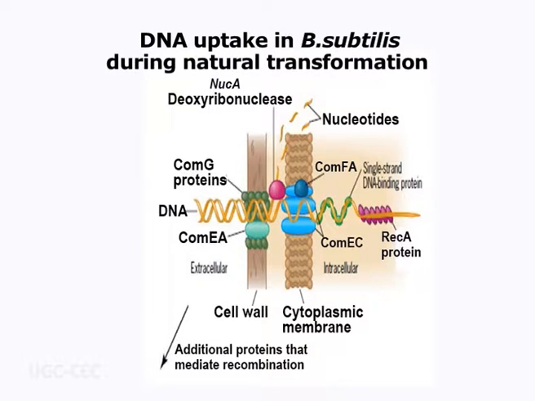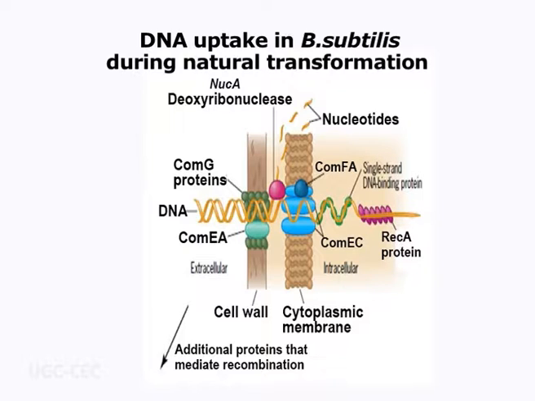Once the DNA interacts with this pseudopilus generated by COM-G, we see the involvement of COM-EA protein. COM-EA protein binds to the double-stranded DNA and allows the entry of the DNA through this pseudopilus.